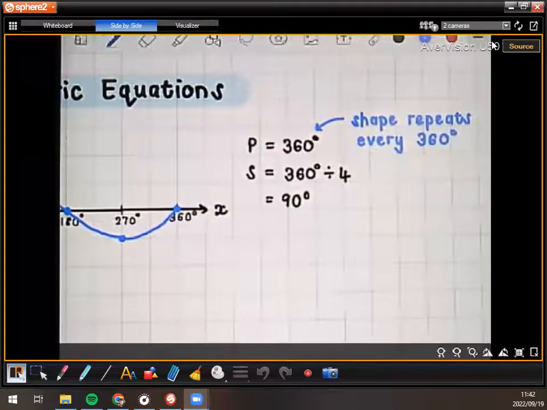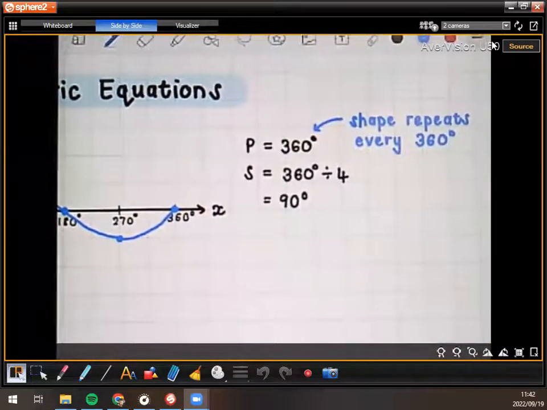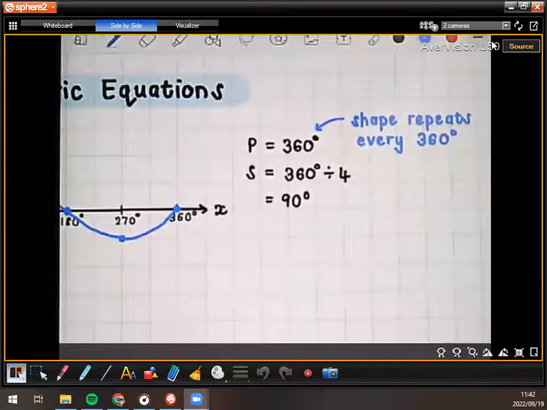Okay, now I'm going to come back to why we went over that in a little while, okay? Because the fact that the shape repeats every 360 degrees, we're going to have to work that into our answer somehow, okay? So we can just press pause on that.